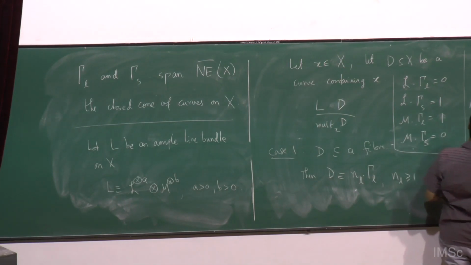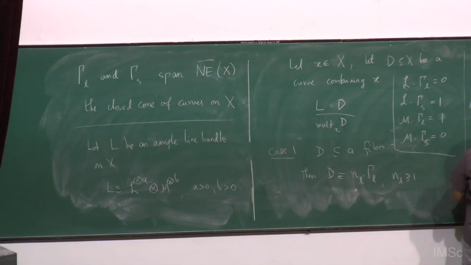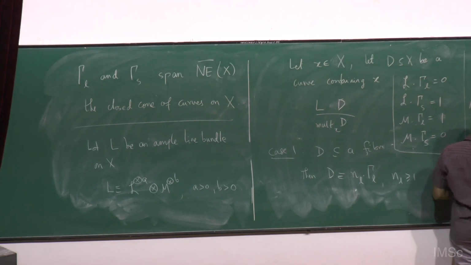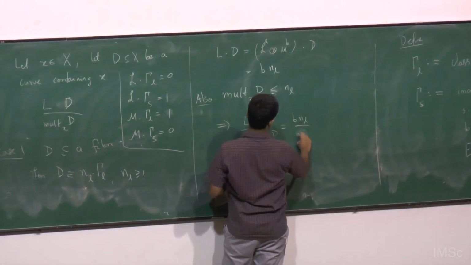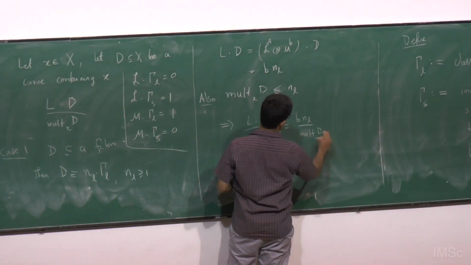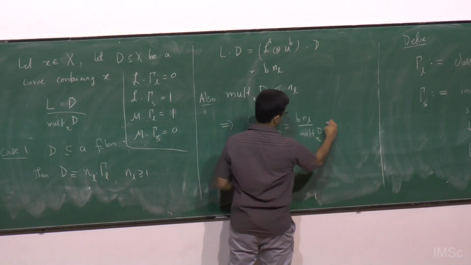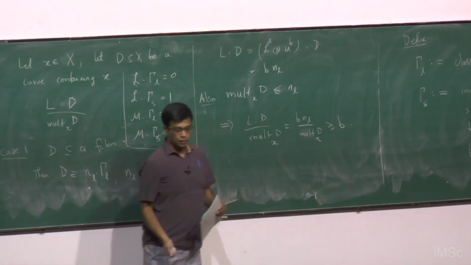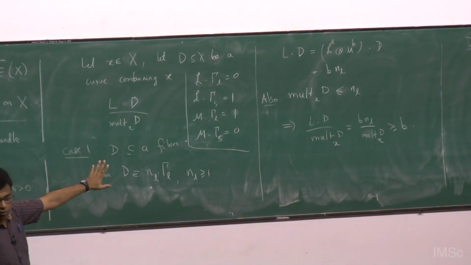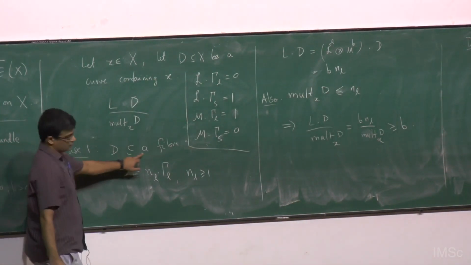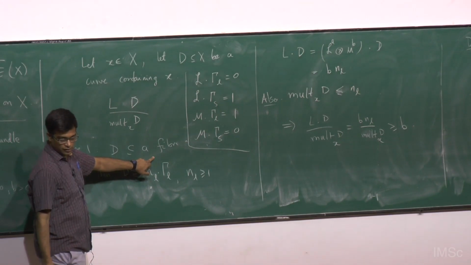Okay, so together these two facts imply that L dot D divided by the multiplicity of D at X is equal to B N_L divided by the multiplicity. But N_L is greater than or equal to this, so this is greater than or equal to B. So really, without doing anything, we have a bound on the Seshadri ratios for curves contained in the fibers.